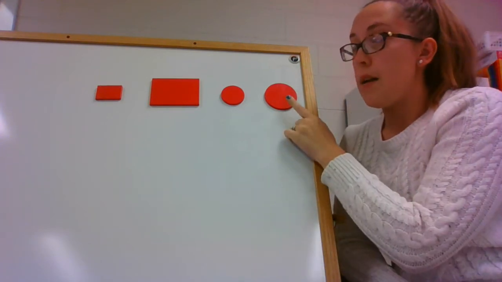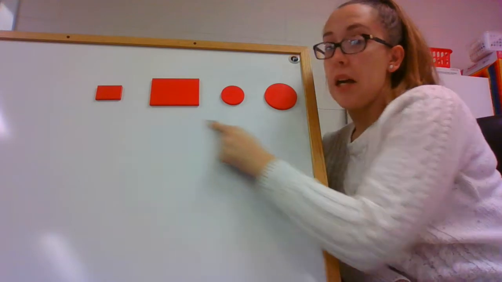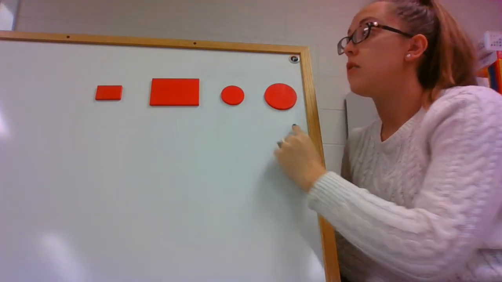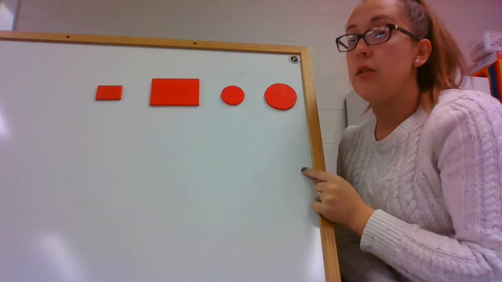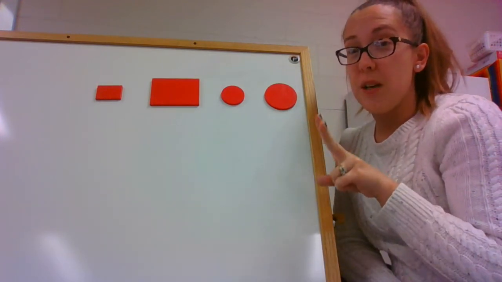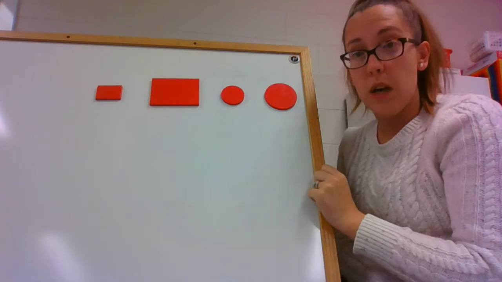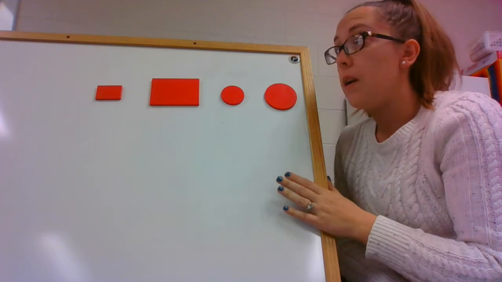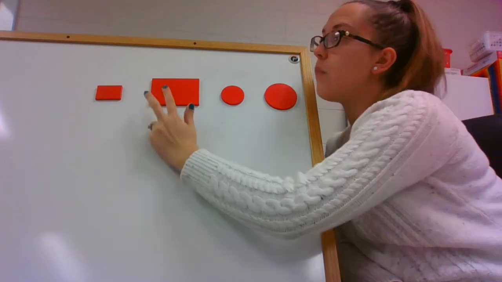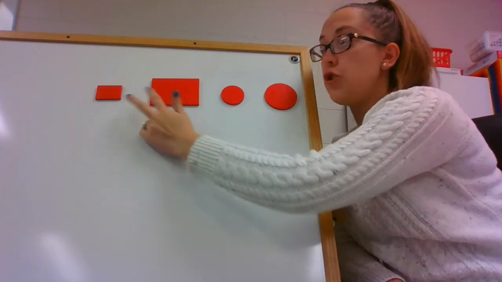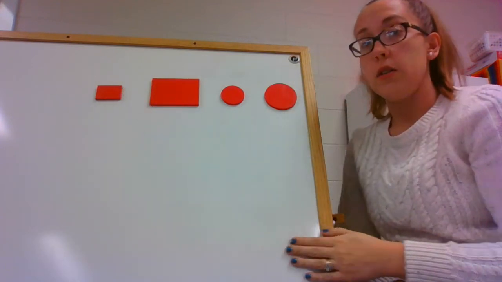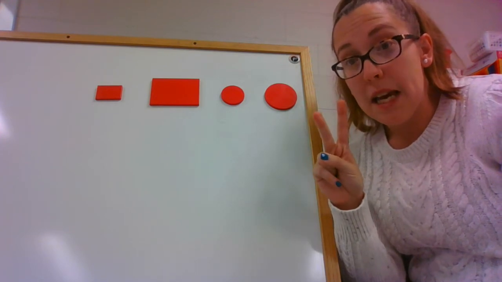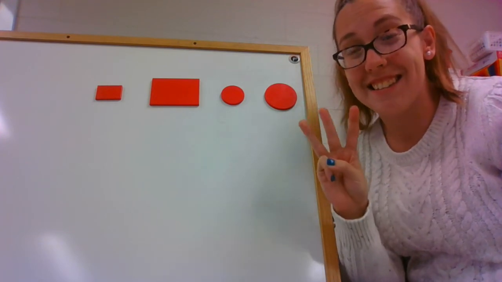So to describe the shape, you can't just say by color, you can't say, oh, it's the red one. And you can't say by color or the shape's name, because if you say, oh, it's the red circle, well, there's two red circles. Or, oh, it's the red rectangle. Well, you can't do that either because there are two rectangles. So you also have to describe it by color, the shape name, and its size.